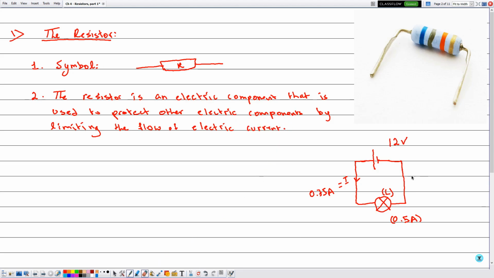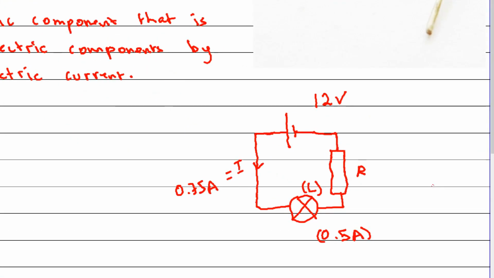Then here, if you connect to the lamp a resistor like this, then now this electric circuit consists of three electric components: the battery, the lamp, and the resistor.